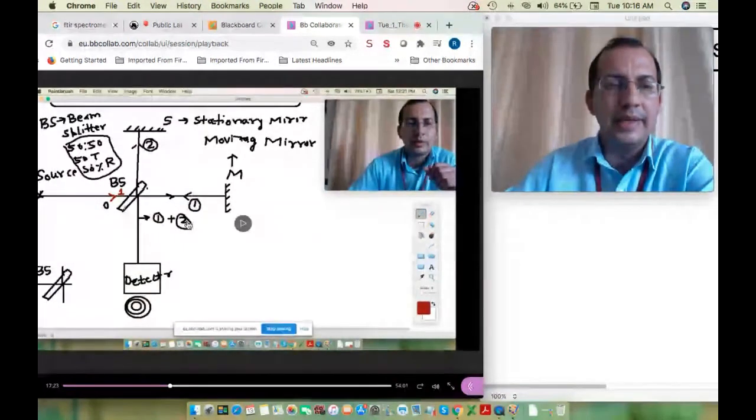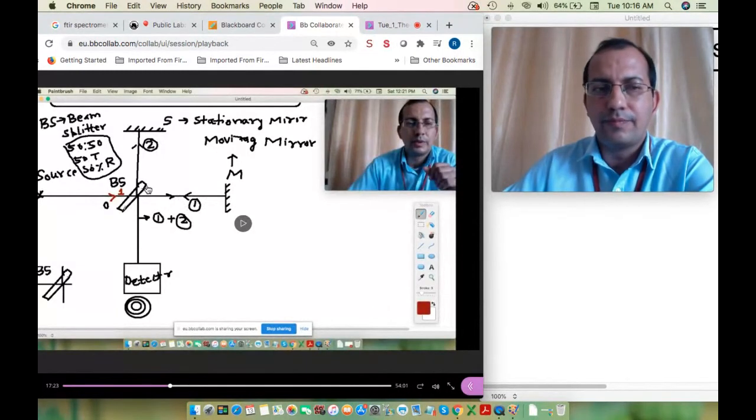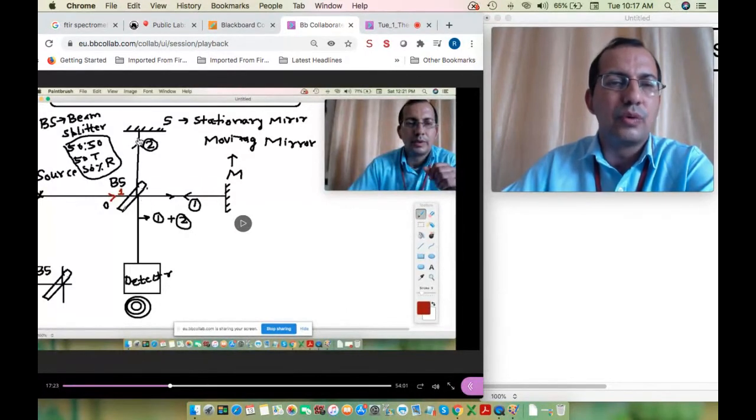And if you look here, at this point you will see that the paths OM and OS must be equal. And it cannot be equal unless you put this beam splitter. When you are putting this, the ray which is going to the moving mirror goes through a different number of times from the beam splitter, and this goes a different number of times to the beam splitter.